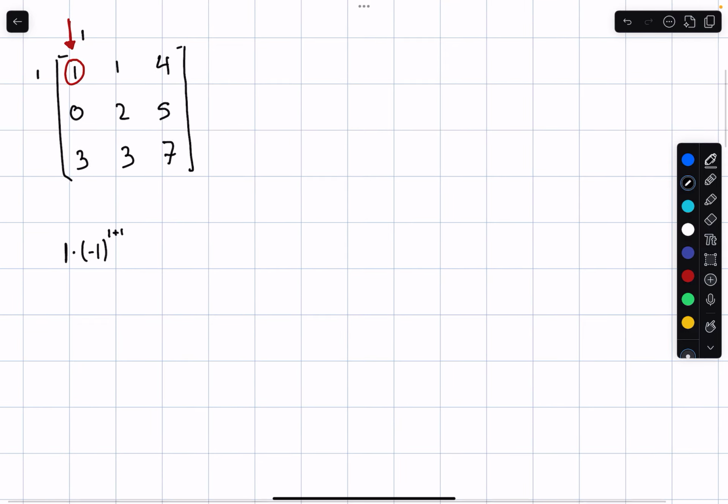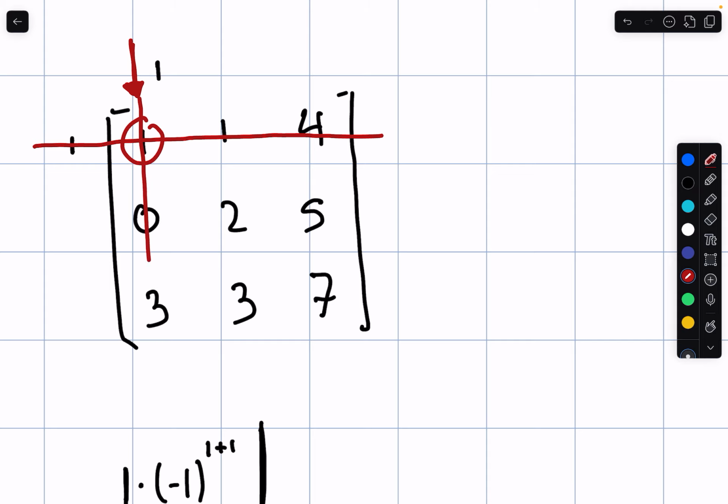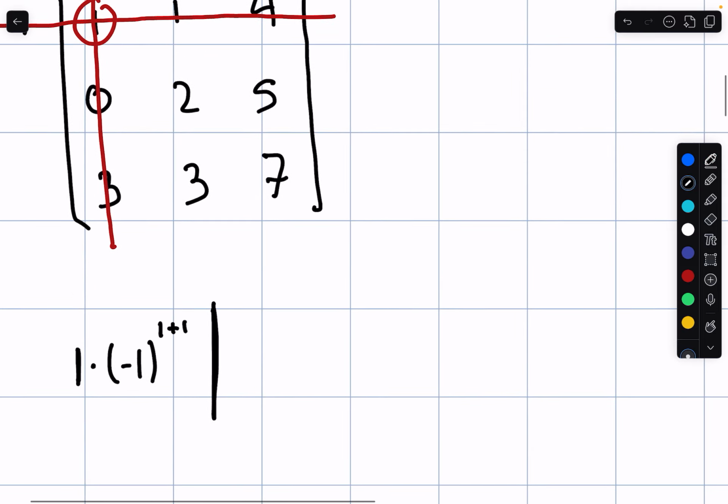Then we multiply it by the determinant, which we can represent using these lines, of everything that's left when we ignore the row and column that our value is in. This value that we're using is 1. We can cross it off like this, ignoring the row, and cross it off like this, ignoring the column. What's left is right here, which is 2, 5, 3, 7.